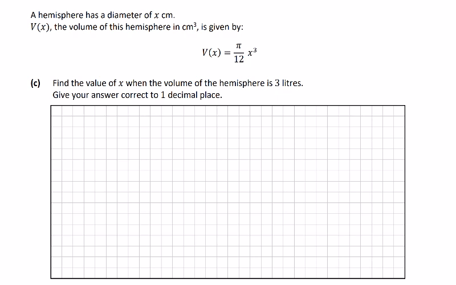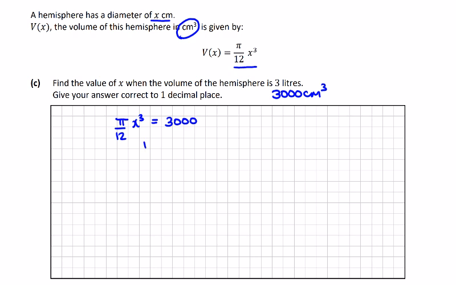A hemisphere of diameter x, in this case. The volume of this hemisphere is given by this expression. Find the value of x when the volume of the hemisphere is 3 liters. So it's in centimeters cubed here. This might have caught a few people out. 3 liters is 3000 cm cubed. So pi over 12 x cubed is equal to the volume 3000.